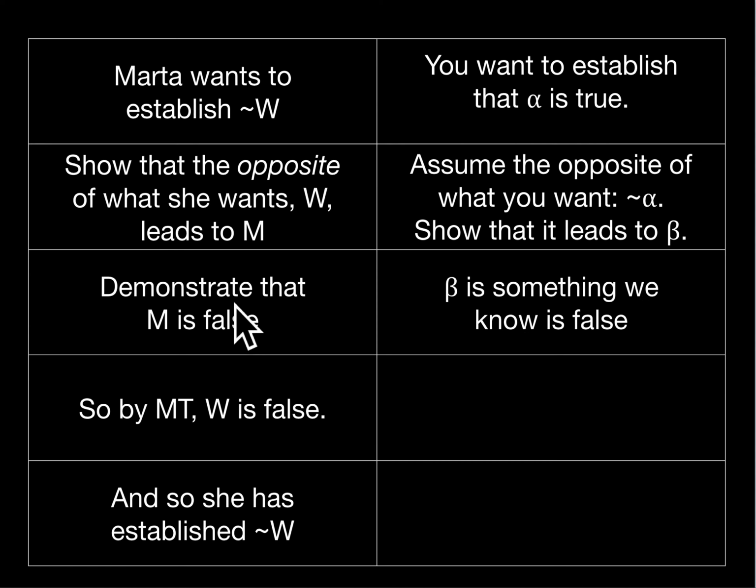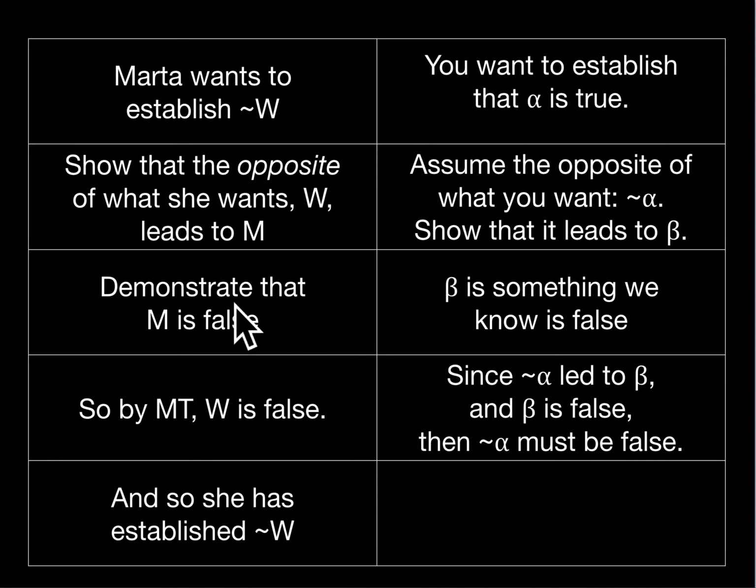And beta is something that we know is false. Well, if not alpha led to beta and beta is false, then not alpha has to be false. And if not alpha is false, then alpha is true. Okay, so it's very similar to modus tollens. It's a kind of application of modus tollens, actually.